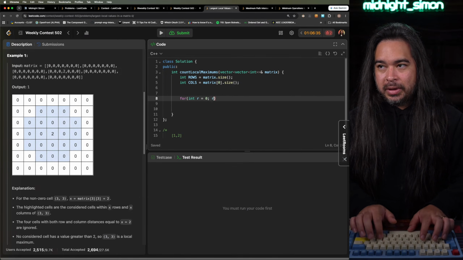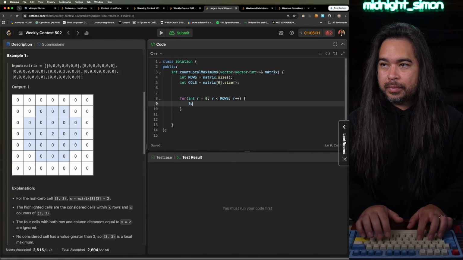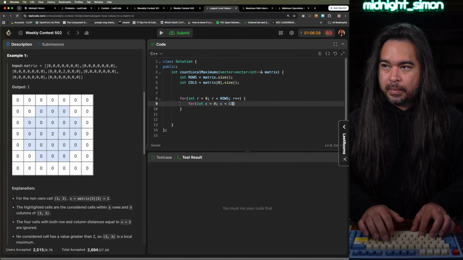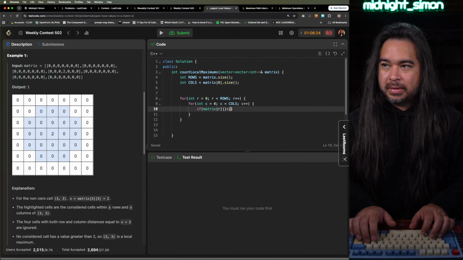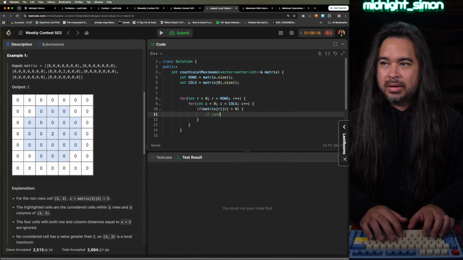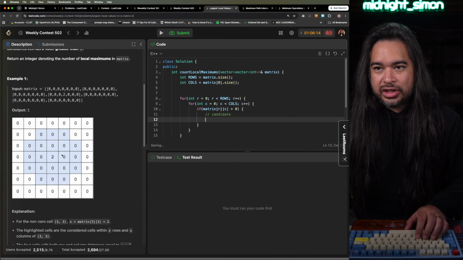Alright, let me try to just code up the brute force and then we'll see what happens after that. So we'll iterate through every cell. And then if that cell is greater than 0, then it could potentially be a local max. But we gotta check.